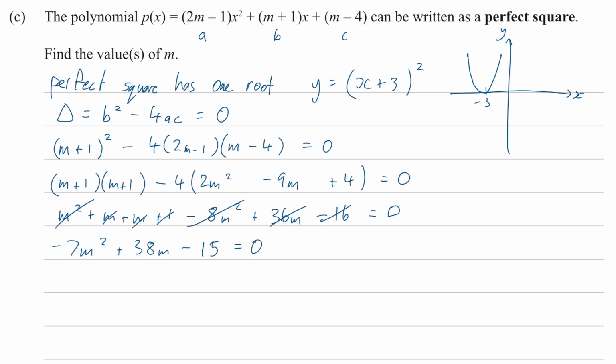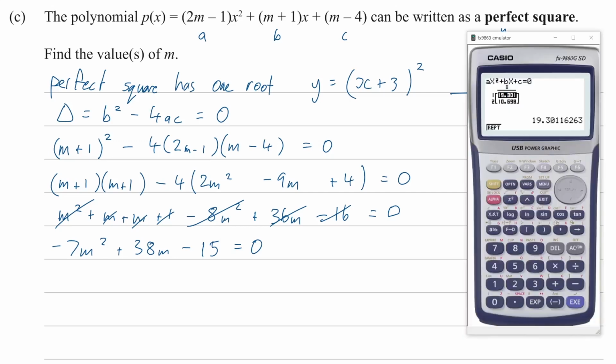And now we have a quadratic equation from the discriminant in terms of m. So we can solve for m. We could factorize it, or go menu, equation, degree 2 polynomial, because it's quadratic. Our a is negative 7, our b is positive 38, and our c is negative 15.